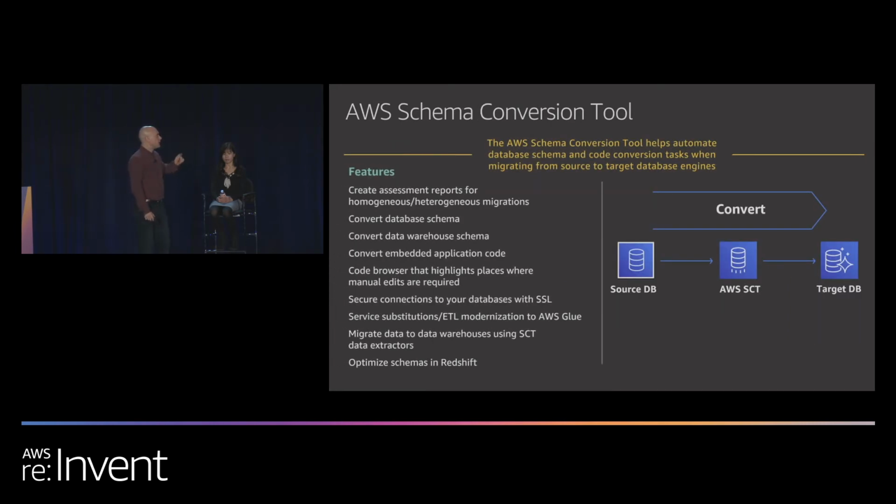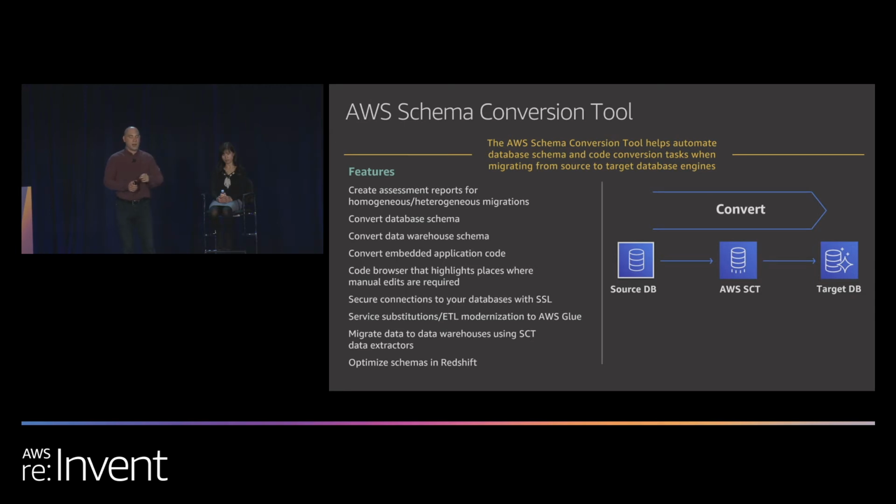SCT, like I mentioned, is primarily meant for converting the schema. One really nice thing it does is, even if you just want to do a test and see how much work it's going to be to convert the schema, it has an assessment report, which I always love to run when I'm working with a customer. I'm like, hey, let's get this installed and just see what the assessment report says. How many stored procedures do you have?